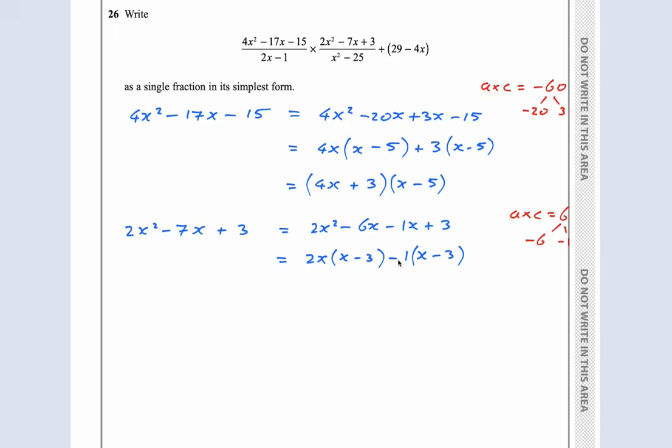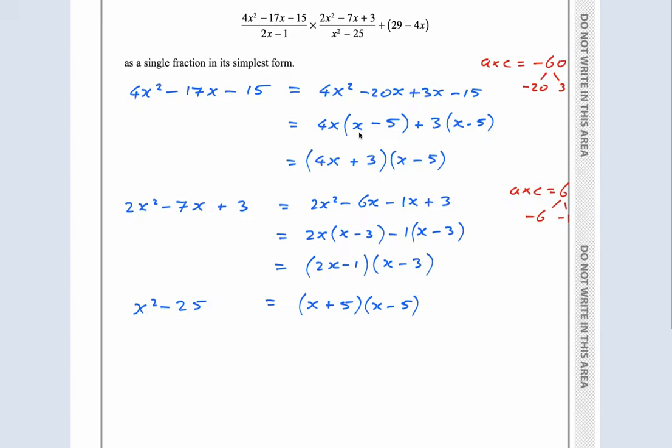It has to be minus 3 because minus times minus gives me plus. They're the same, which I wanted, so I'm left with 2x minus 1 times x minus 3. Okay, that is this factorized and this factorized. Now x squared minus 25 can be factorized as a difference of two squares into x plus 5 times x minus 5. I can go straight to that.